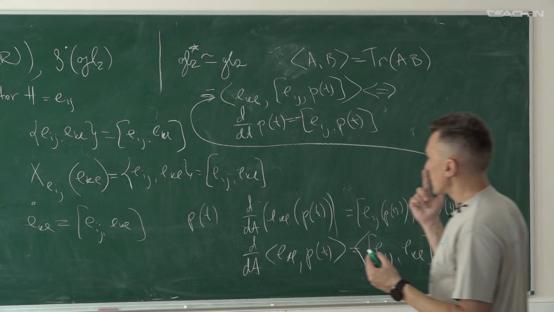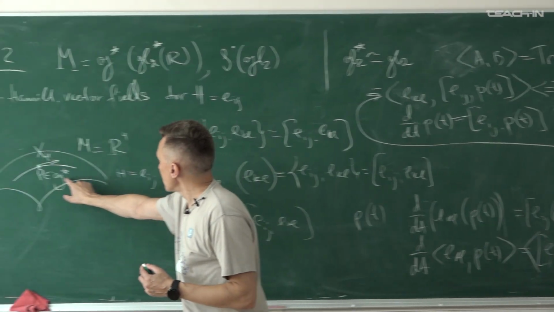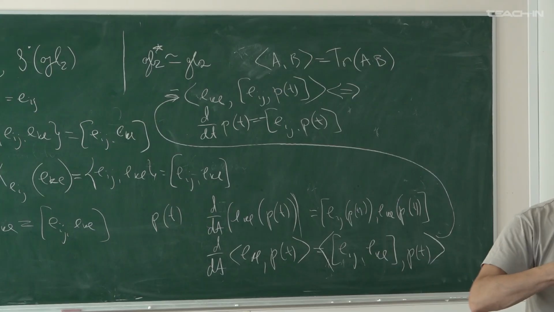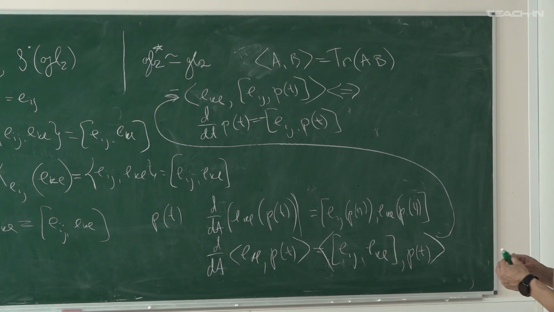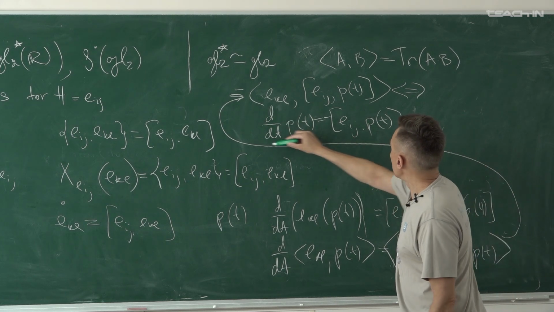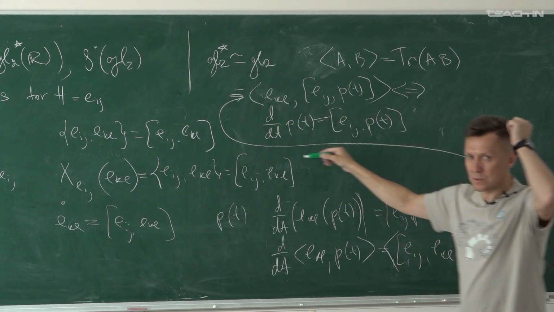So if we interpret this point in the dual space as a matrix, we can describe its trajectory along the vector field E_ij as a solution of such an equation.